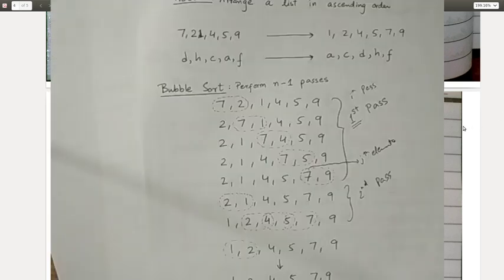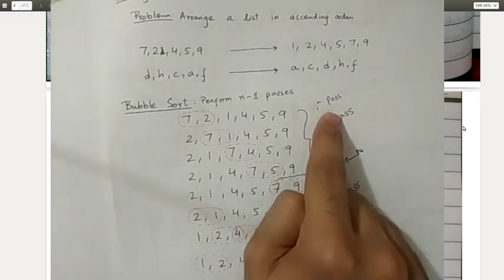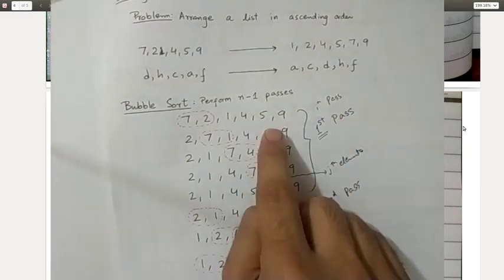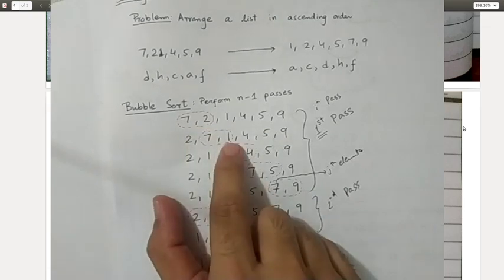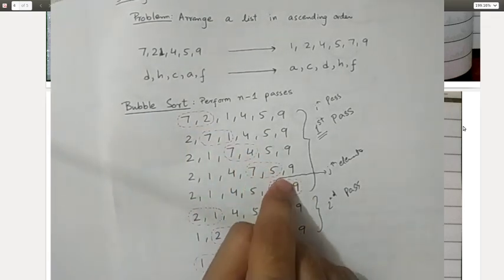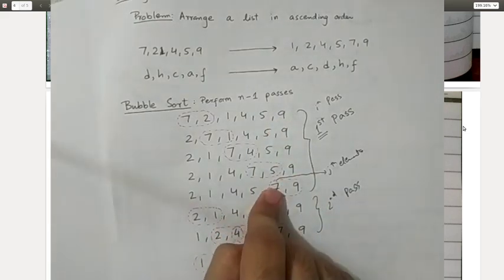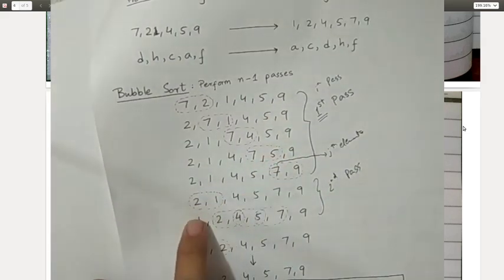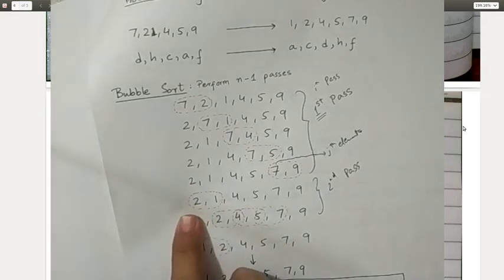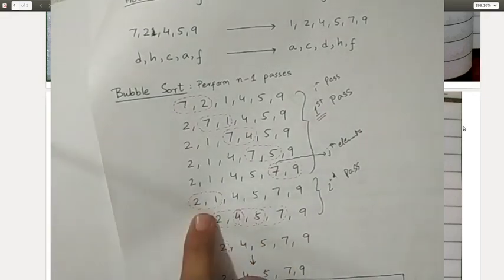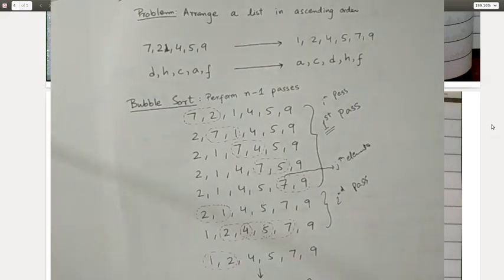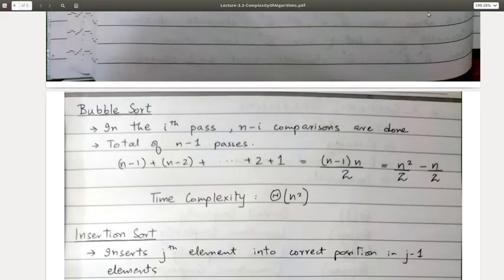What does that mean? In the first pass you will do n minus 1 comparisons: first, second, third, fourth, and fifth, where n was 6, so 6 minus 1, 5 comparisons. Then i is 2, you are doing the second pass, then you will do 6 minus 2, which is 4 comparisons: 1, 2, 3, 4. So in the ith pass you will do n minus i comparisons, and the total number of passes is n minus 1.